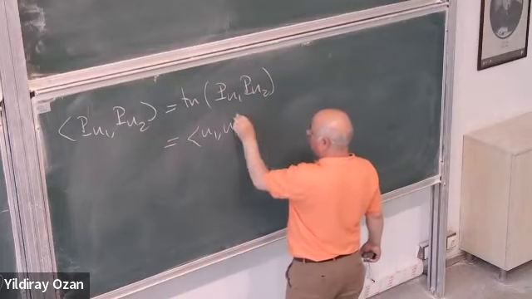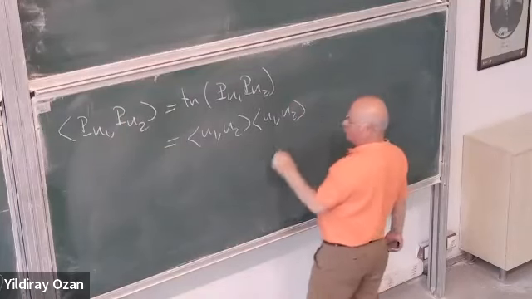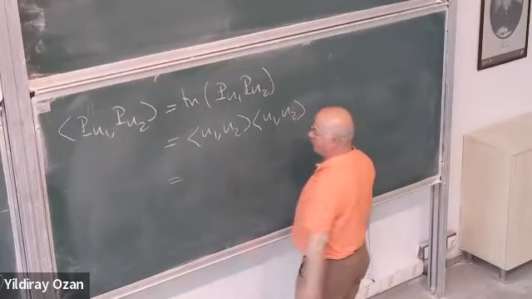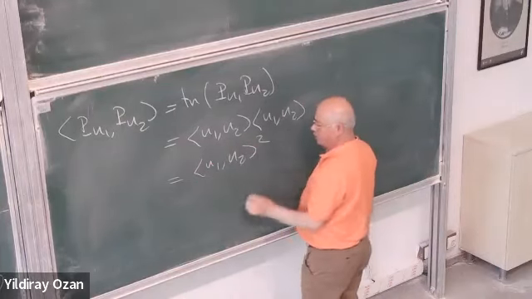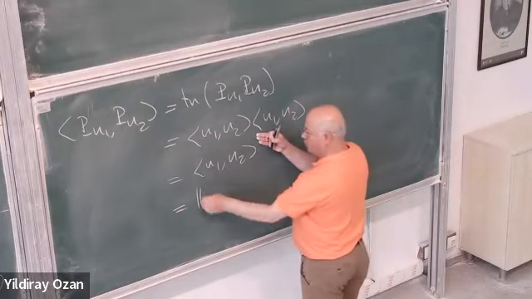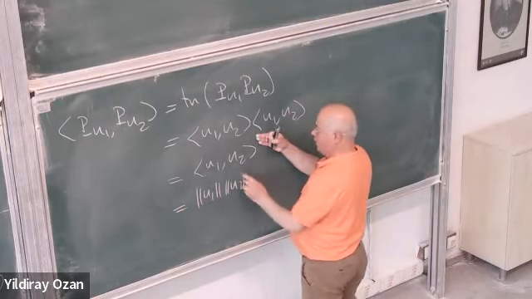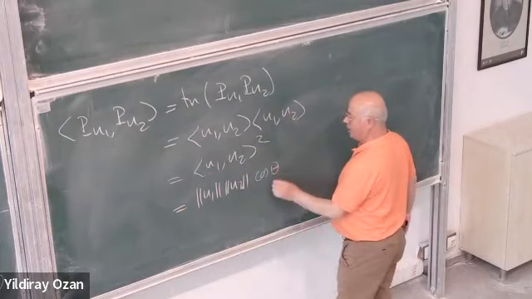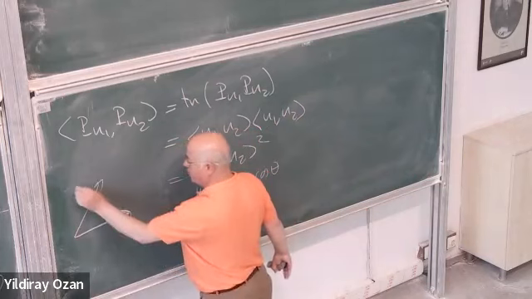It is U1, U2, and then U1, U2. So it is just the square of this, U1, U2 squared. And of course, without the square, this is norm of U1, norm of U2, and then cosine theta, where theta is the angle between these two vectors.